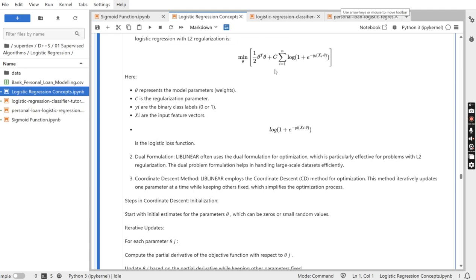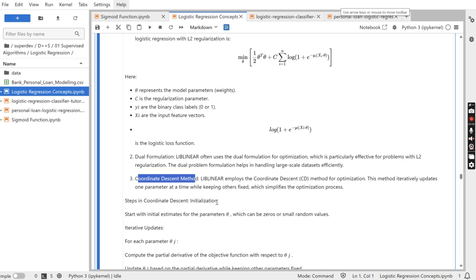Whatever the outcome of this is, we call it the logistic loss function. Basically it makes use of L2 regularization, and underneath it makes use of something called coordinate descent.